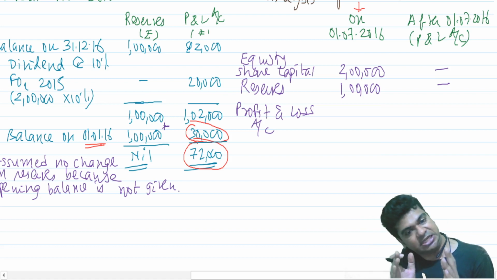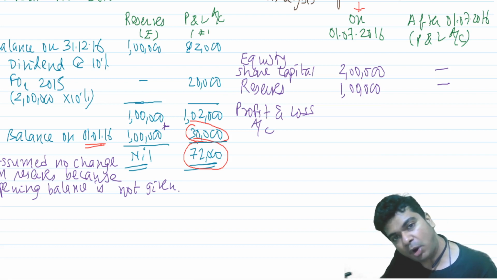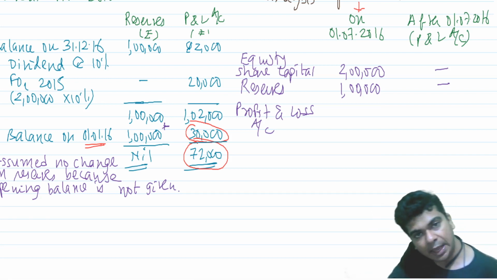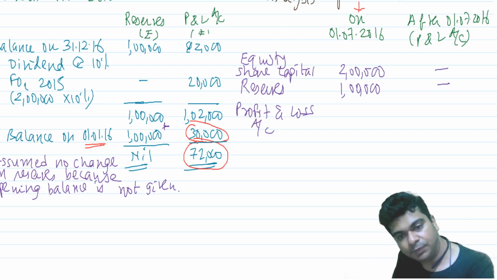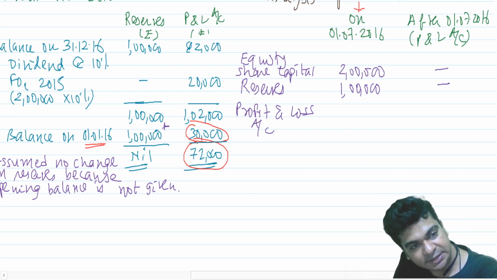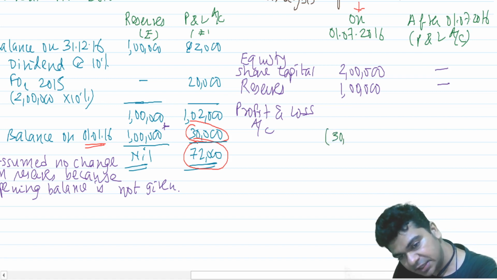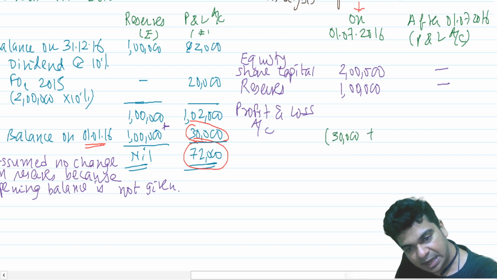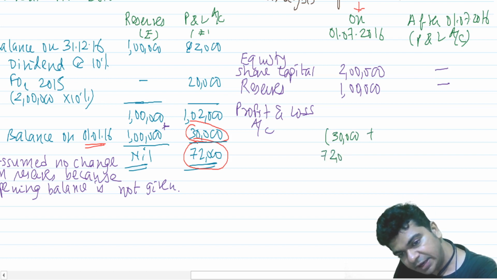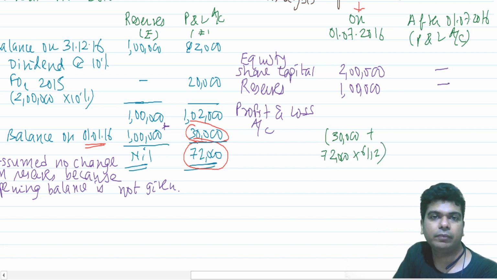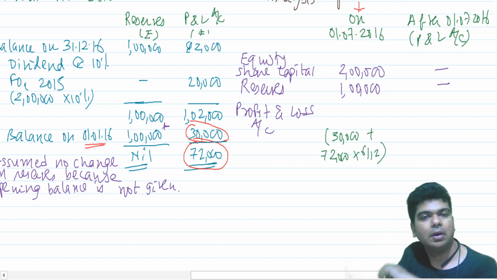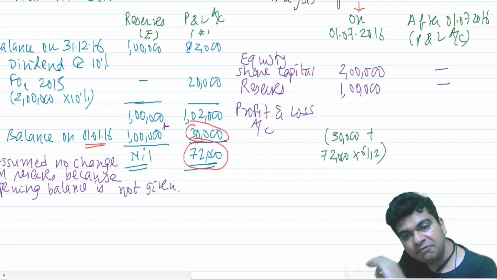So I will allocate this profit to the first 6 months and the last 6 months. So the way I do it is, I'll just show in brackets. See, on 1st January, it is 30,000 plus 72,000 into 6 by 12. I hope you are comfortable with it.